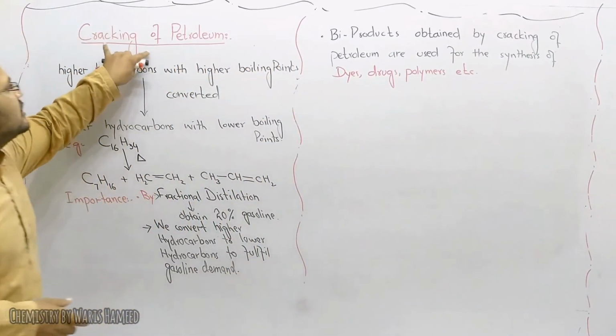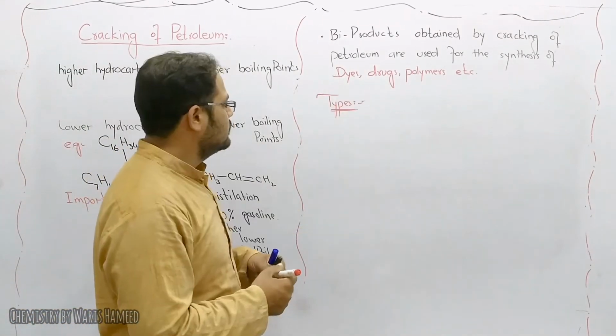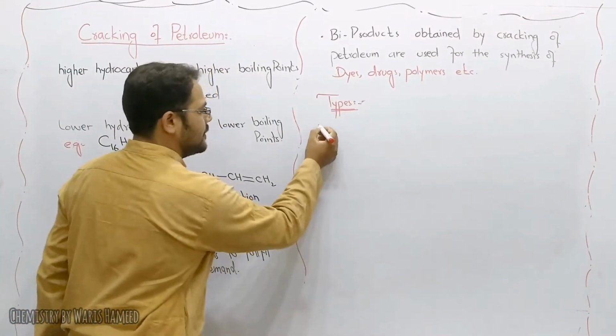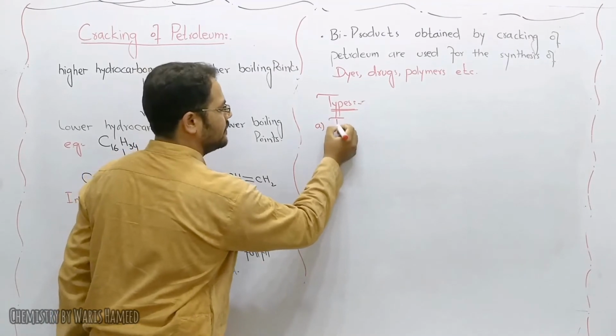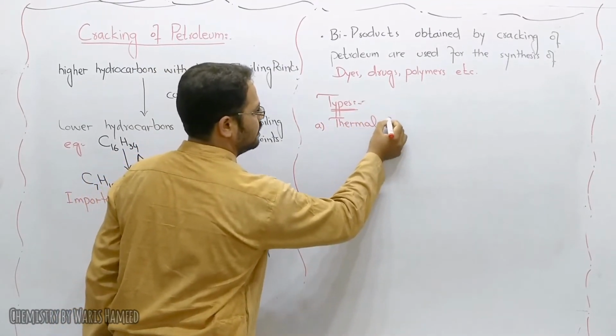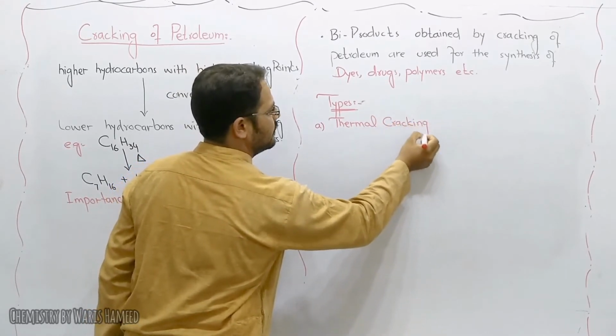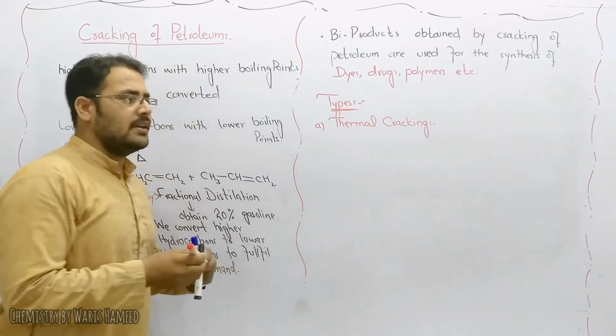What are the major types of cracking of petroleum? The first type is thermal cracking. What is thermal cracking?